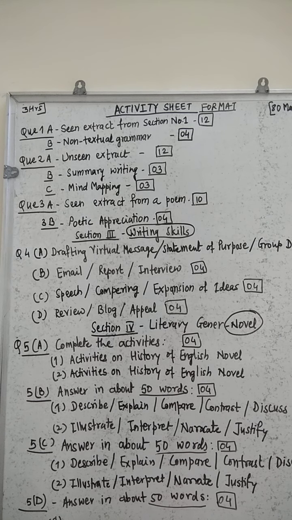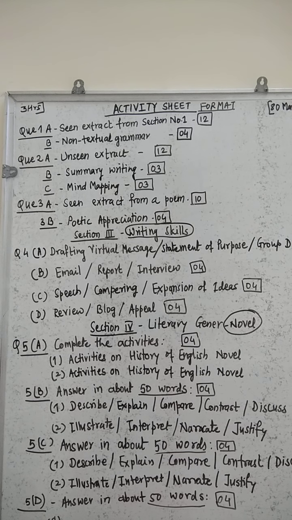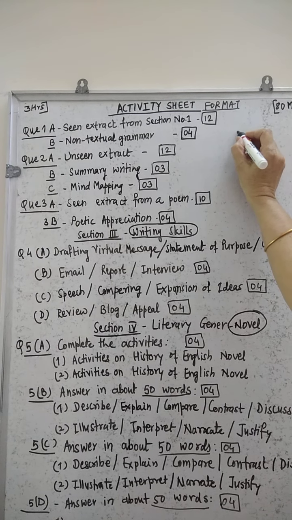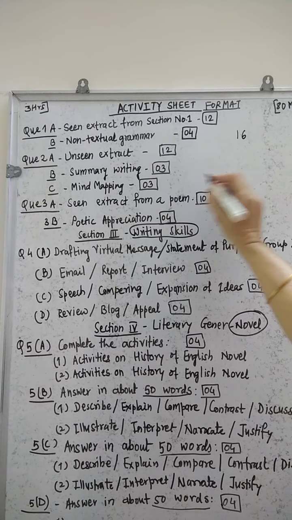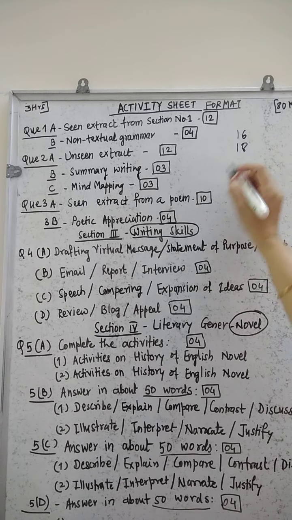The textual part is dealt under question 1, 2, 3 and 5. Question 1, 2 and 3, there is a wide scope for scoring full marks under these three questions. The total weightage of these three questions: question 1 is 16, question 2 is 18 and question 3 is 14.